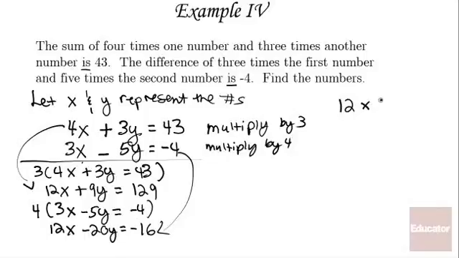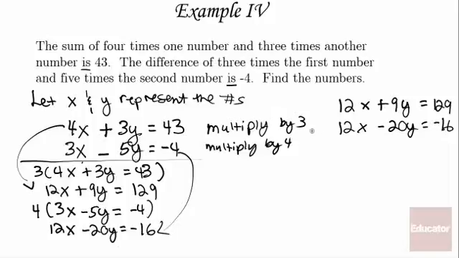12x plus 9y equals 129. And then I have 12x minus 20y equals negative 16. And I'm going to subtract, making sure I have all my signs correct since I'm subtracting. 12x minus 12x is 0. That drops out. Then I have 9y minus negative 20y.